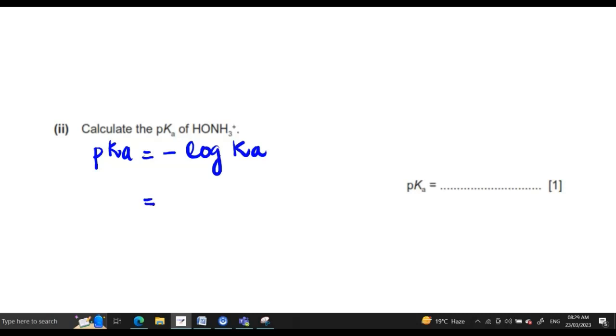Very simple, just put the value of Ka here. Your Ka value is 1.5 into 10 raised to power minus 6. So you will get pKa, which is 5.82.